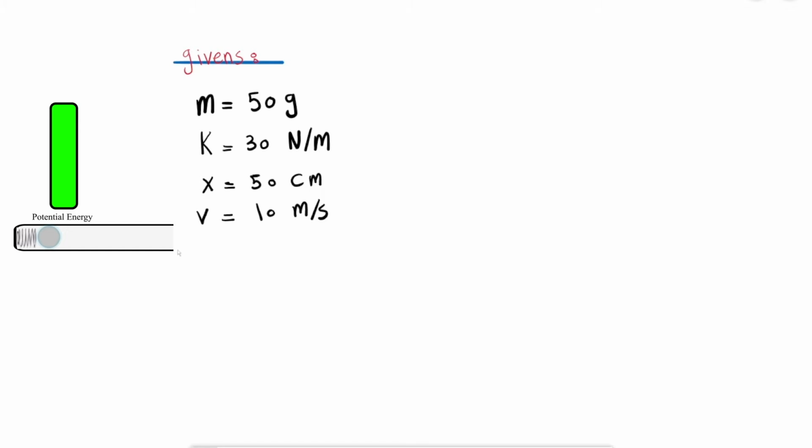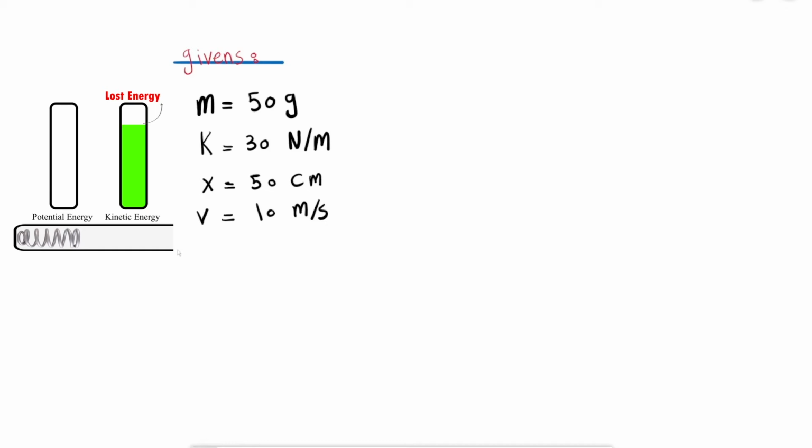And when we release the launcher, the potential energy rapidly shifts to become kinetic energy stored in the motion of the ball itself. So the point is, if we calculate the stored potential energy in the spring, and afterwards we calculate the kinetic energy of the ball when it leaves the launcher, if there is a difference or energy lost in the process, then this energy is definitely lost due to friction. And in that case, this will be the work done by the friction.